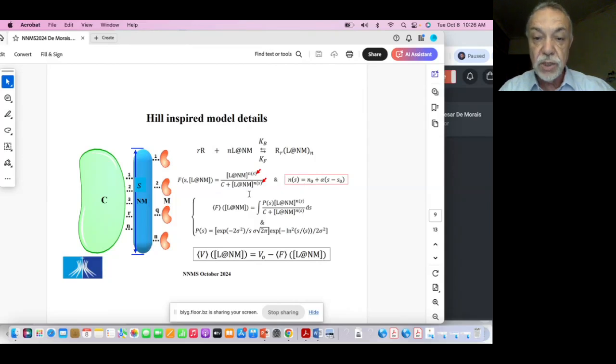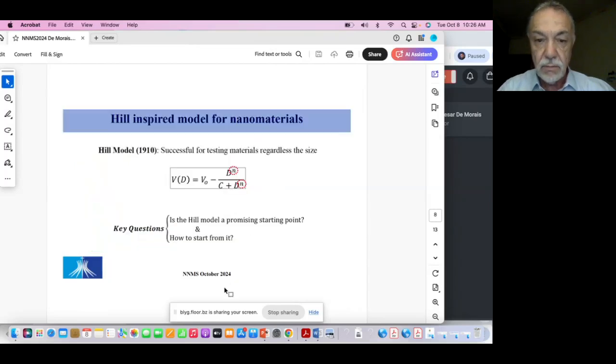Now, because this describes the size of the nanomaterial, I have to include this expression in the fraction. And then, of course, I need to use some statistics to describe the nanomaterial's size distribution. It could be, for instance, this one here, which is the log normal distribution function. And then I need to calculate the mean fraction.